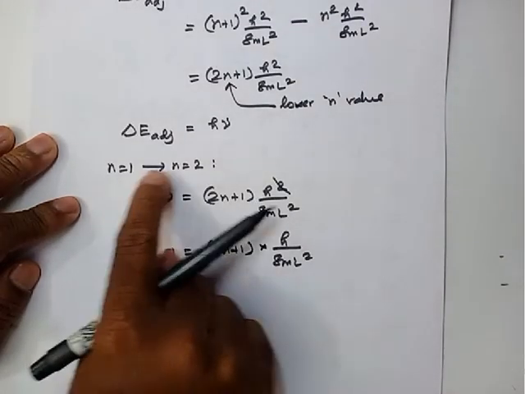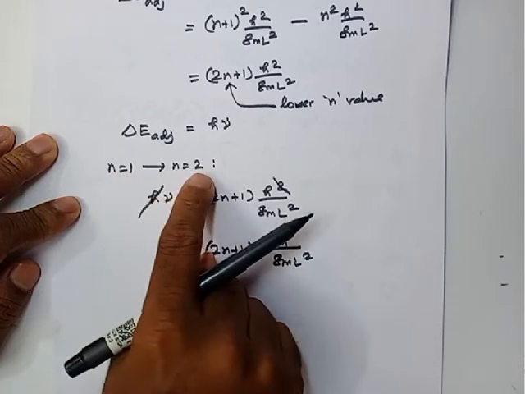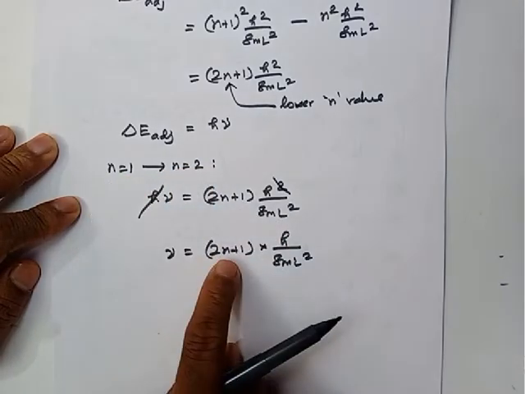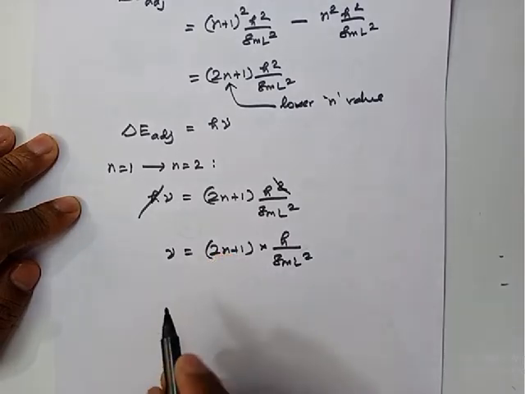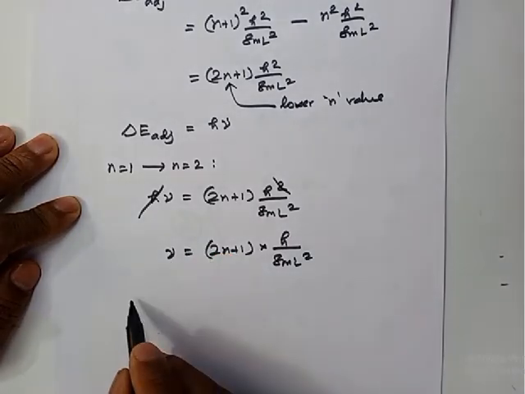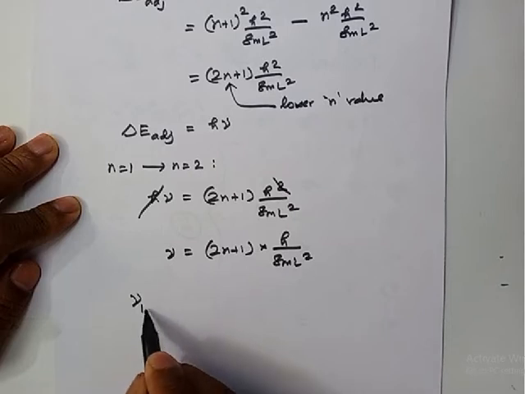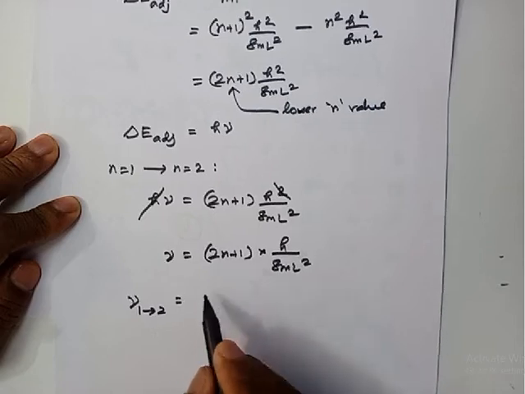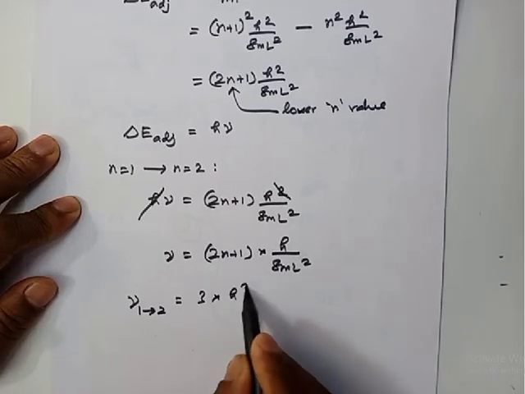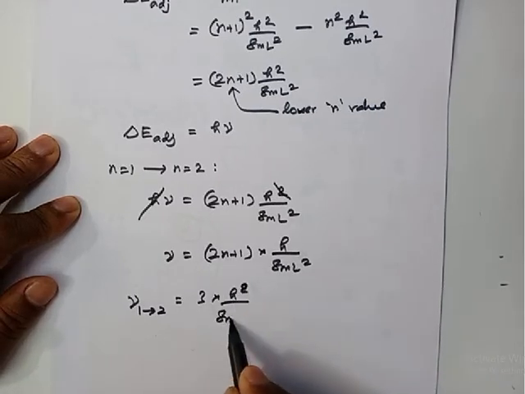This is the general formula. For the n equal to 1 to n equal to 2 transition, put n equal to 1 here. You will get the frequency for the transition: 3 times h by 8 ml square.